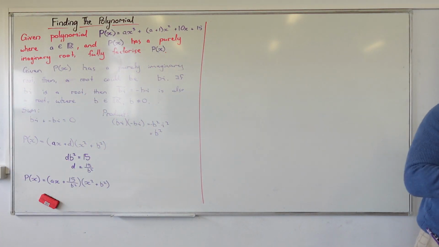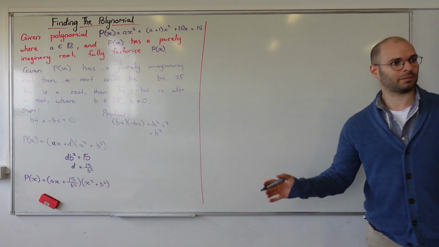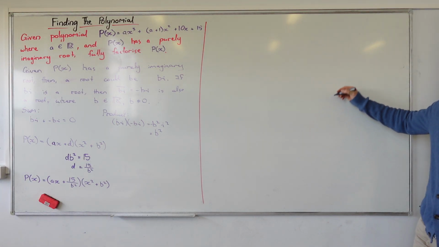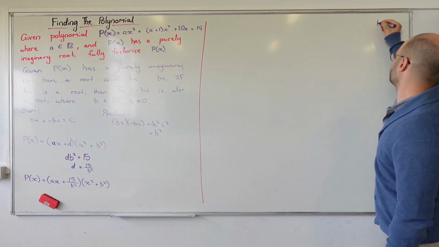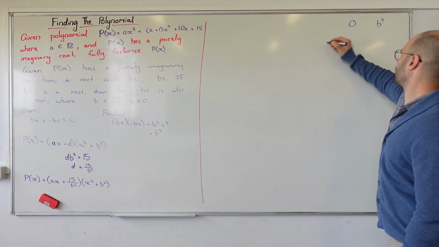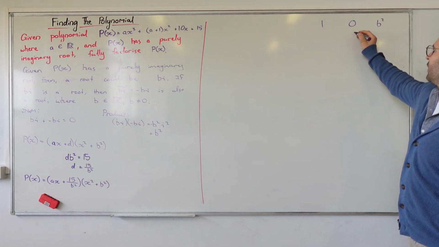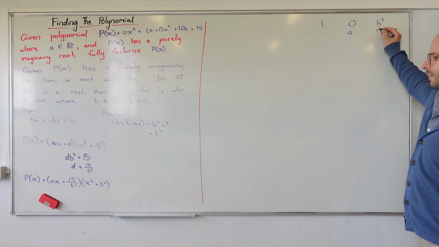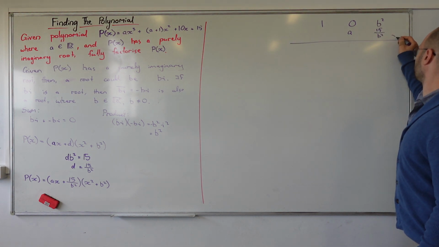Okay, expanding this out, what method do we have? Synthetic. So we're going to have b squared, we're going to have 0, we're going to have a 1. For our linear, it's going to be a, it's going to be 15 over b squared, and that's all going to be multiplied.